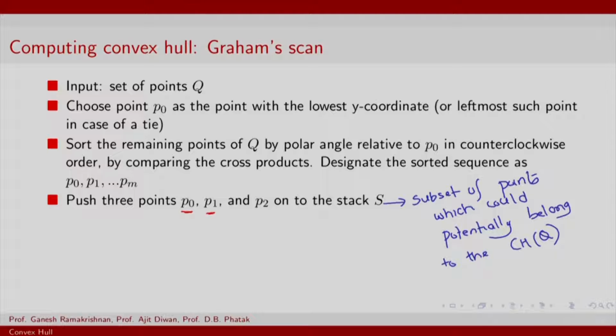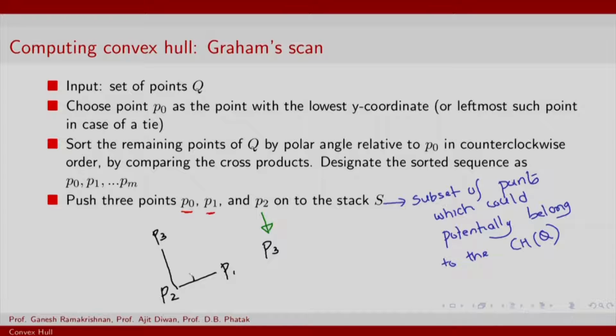So what needs to be inspected is P2, and we will compare P2 for its inclusion by looking at the angle suspended at P2 by the new point P3, which is a query point. So again recap, we have P2, we have P1 and we have P3.